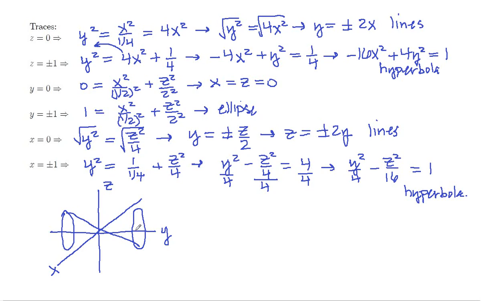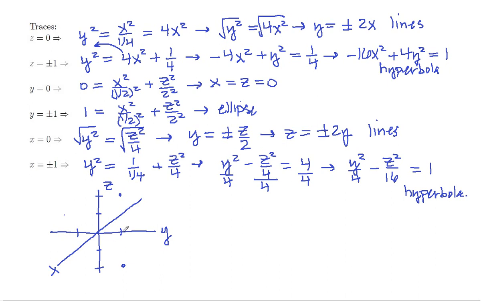So we just need to figure out what it looks like. And to do that, we want to look at our y constant cuts here. So y is plus or minus 1. So we had, say, 1 is here and negative 1 is there. And those were ellipses that went plus or minus 1/2 in the x direction and plus or minus 2 in the z direction. So out here, if I went up 1, 2, so right there, and down 1, 2, right here.